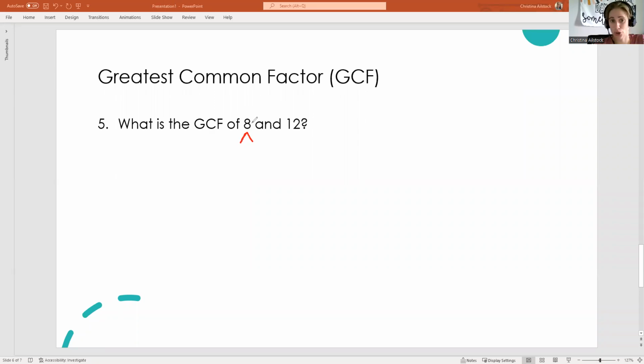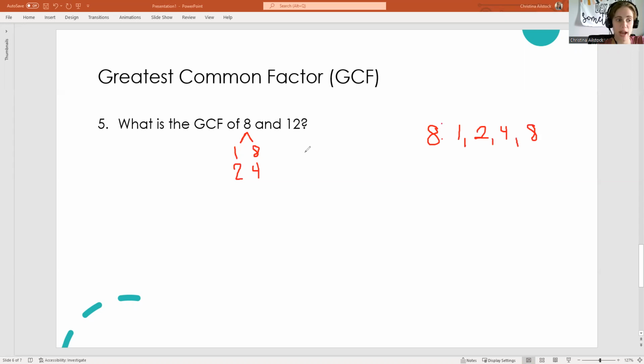I like to work in order to make sure I don't miss anything. So we have 1 times 8 is 8. Then let's go to 2. 2 times what is 8? 2 times 4. How about 3? Is 3 times anything 8? Nope. And then I'm back to 4, which I've already used. So those are my factors of 8. If I list them out horizontally, I have 1, 2, 4, and 8.